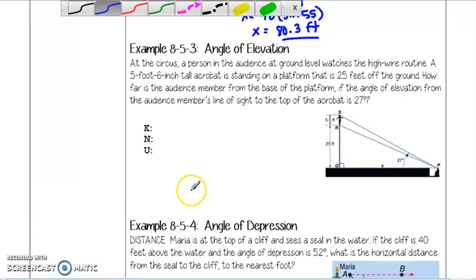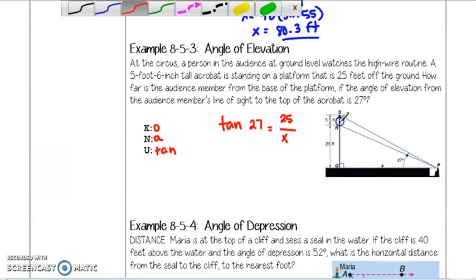Okay, on this next one, we have a couple of different triangles. We know our angle here, we know our opposite, and we're trying to figure out this adjacent. So we know our O, we need our A, so we're going to use tangent. Tangent 27 is equal to opposite over adjacent.